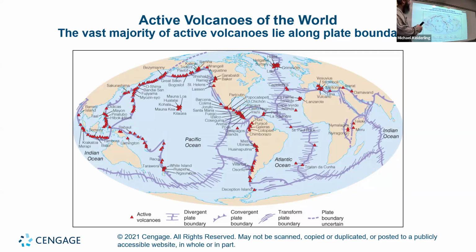At divergent boundaries, you're splitting apart, so magma wells up. At convergent boundaries, one plate is sinking under the other, so you get melting rock and the stuff rising up.